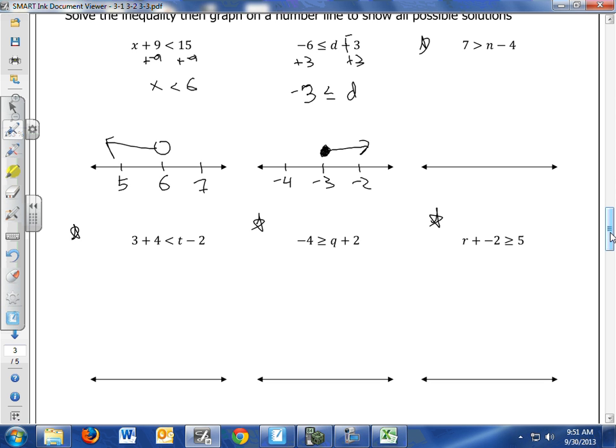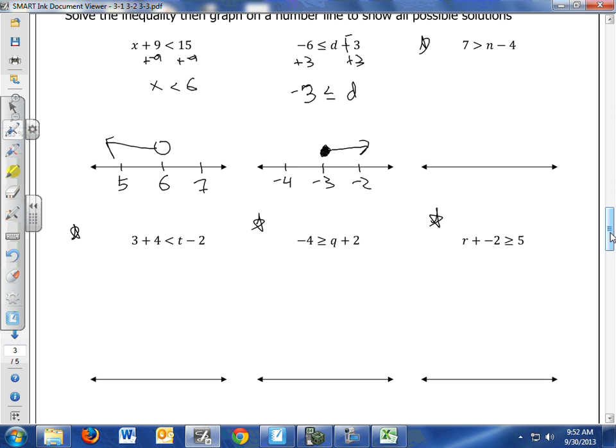Remember, if you got stuff on the same side, combine. Same side, combine. Careful with this.